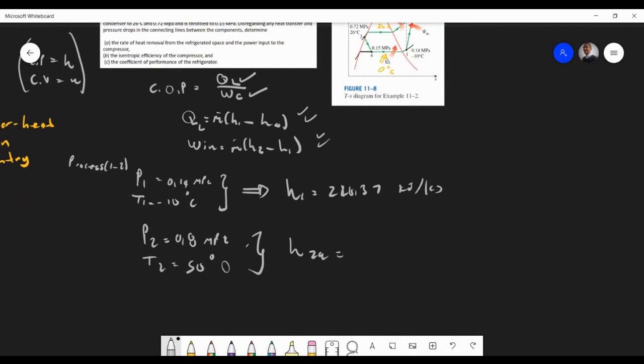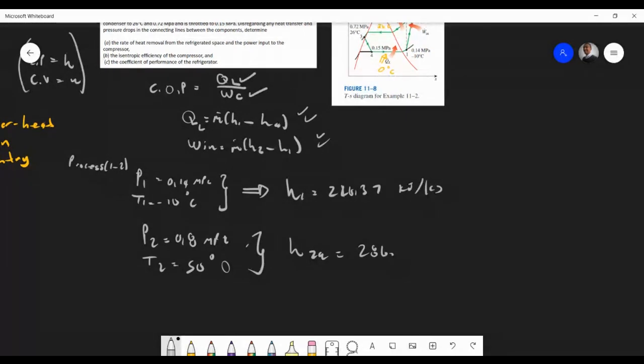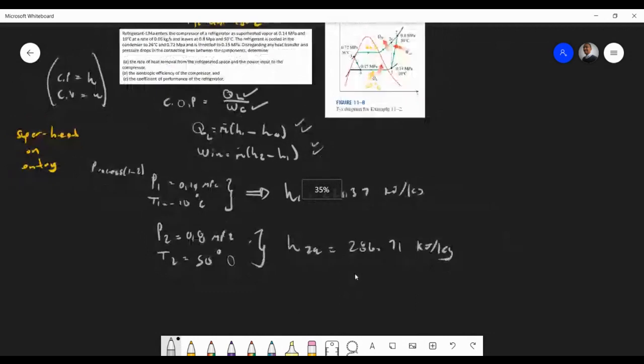And then this was 286 point something, 0.71. So guys, this is H. I'm going to find H2S one time, obviously, so we can find the isentropic efficiency, but I'm making you aware.